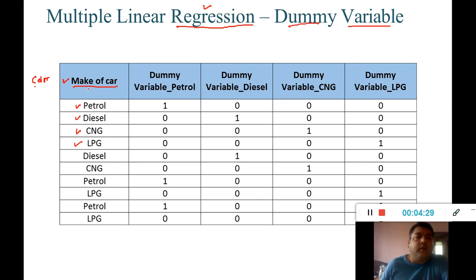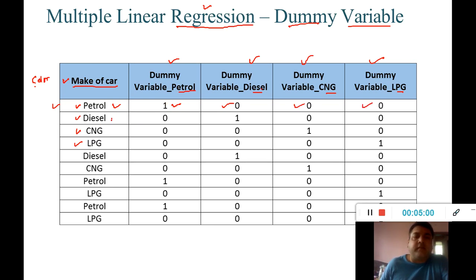My make of car has these four values, so I can create four dummy variables, one for each value: petrol, diesel, CNG and LPG. Wherever in the record the petrol value is present, I will assign 1 to the dummy variable petrol for that record, and 0 to all remaining columns.